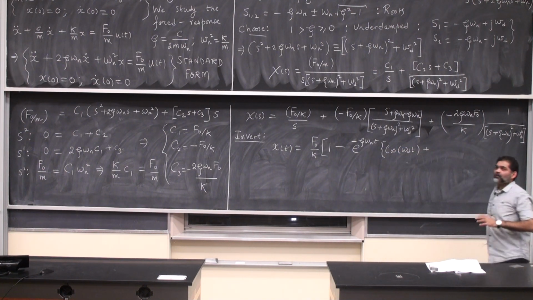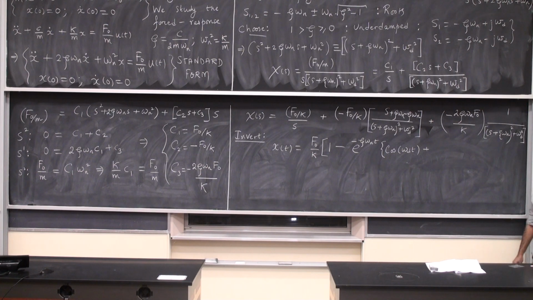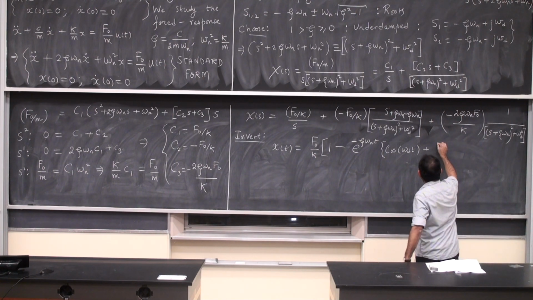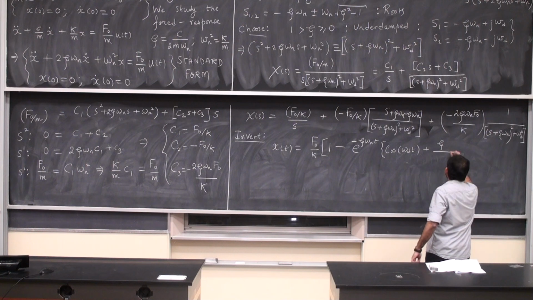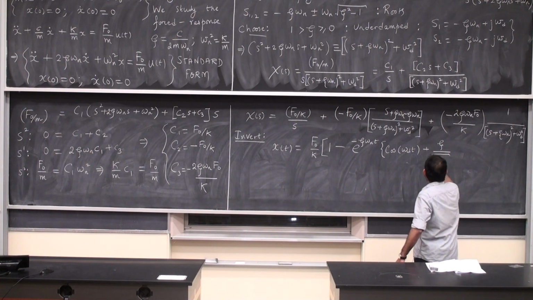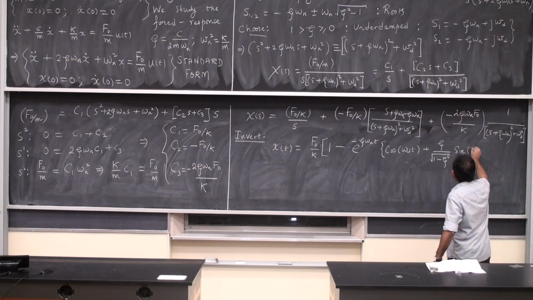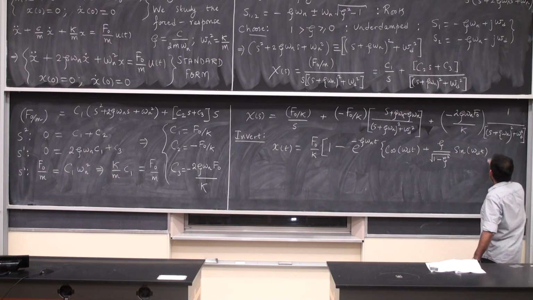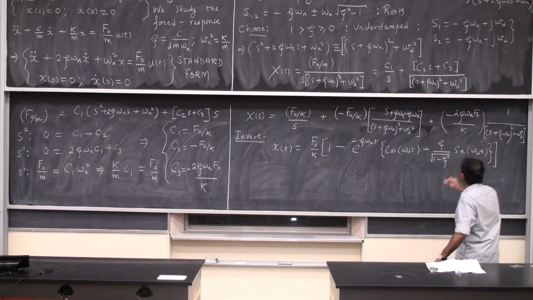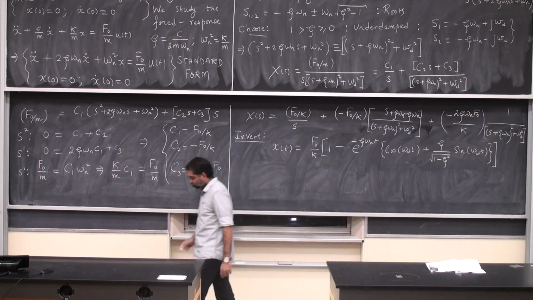Plus, after some manipulations which I'm not going to do here, we are going to spend our time doing better things, zeta by square root of 1 minus zeta square sine omega d t. This is the solution.